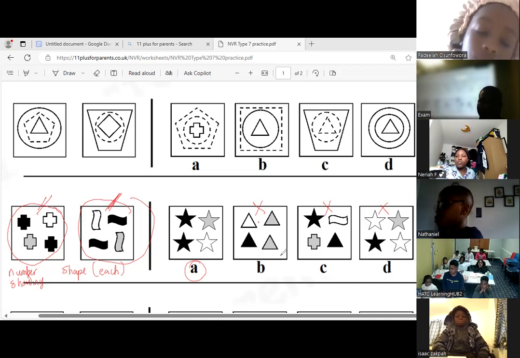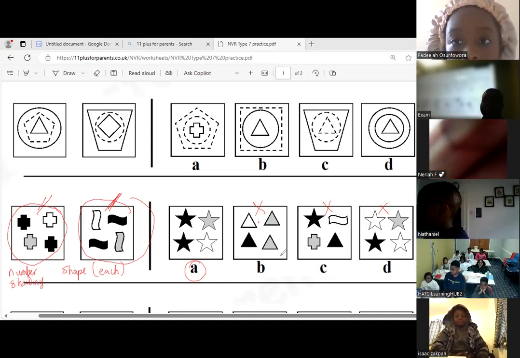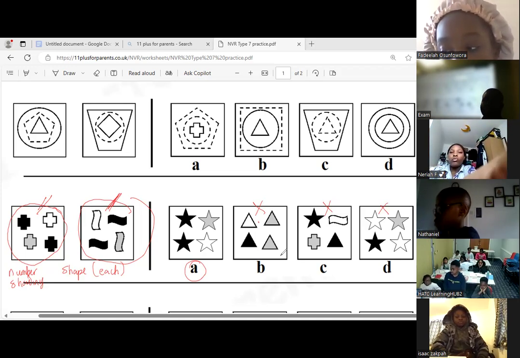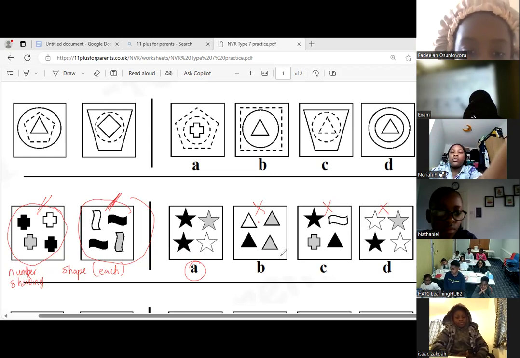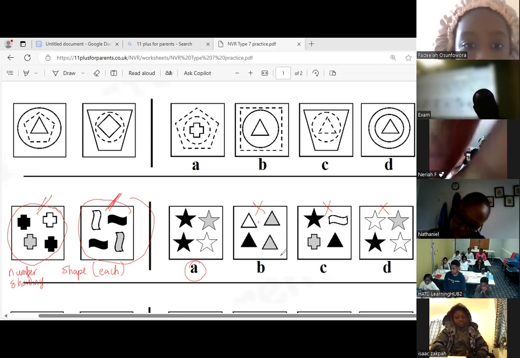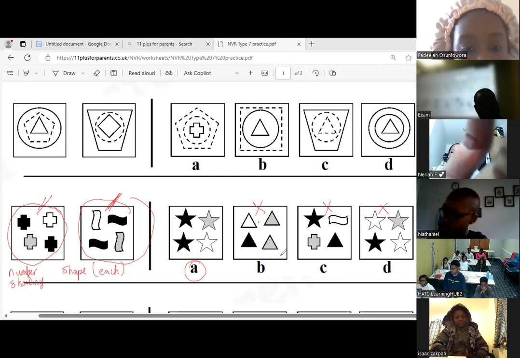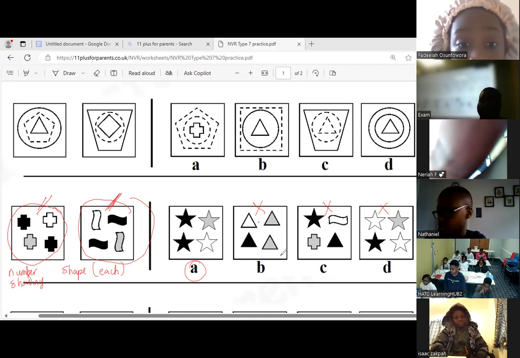Yeah. Good. Naomi, yes? What if you had size for each? Because in each of them, the shapes are the same size. You mean you wrote the rule size, because they're the same shapes? Size each, as a rule?